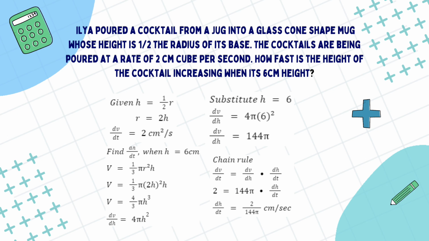The dV over dt we got from the first step, which is 2. dV over dh we got 144 pi, and then we get dh over dt = 2 over 144 pi centimeter per second. So 2 over 144 pi centimeter per second is how fast the height of the cocktail is increasing when it's 6 centimeter high.